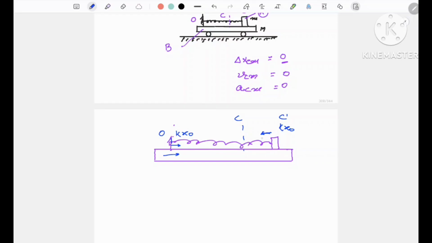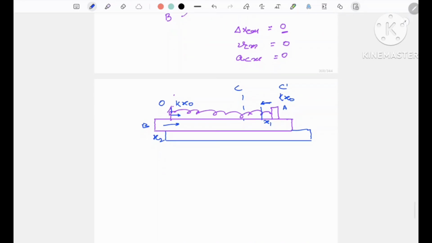Suppose block A moves x1 distance and block B moves x2 distance. Delta x cm is 0, hence m x2 will be equal to m x1.